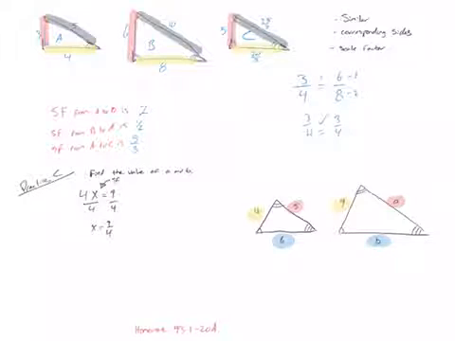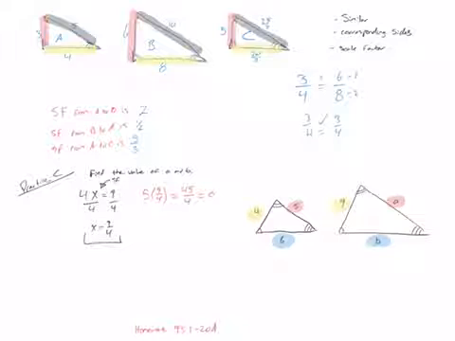So now that I know what my scale factor is, I'm going to use that same scale factor to find my missing parts. So let's see if we can find that a. So I know 5 times my scale factor, which is 9 over 4, should give me a. So what is that going to be? It's going to be 45 over 4.